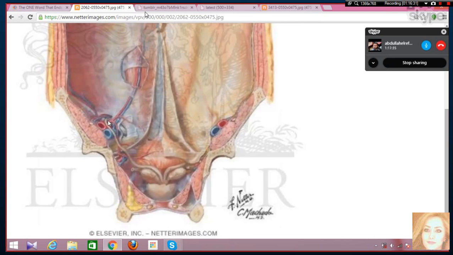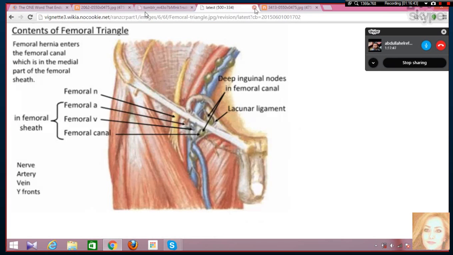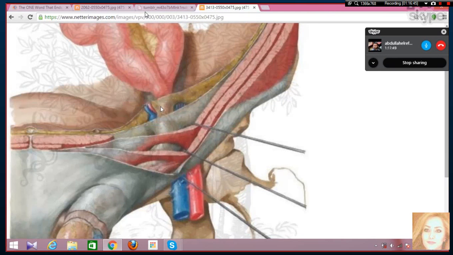Do you see the inferior epigastric vessels? The deep ring is here, lateral to the epigastric vessels.